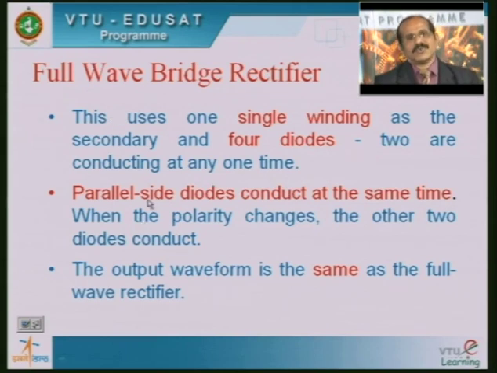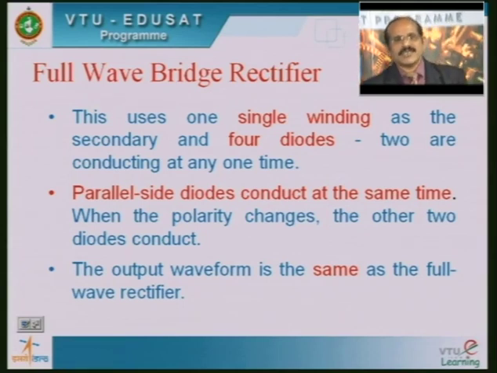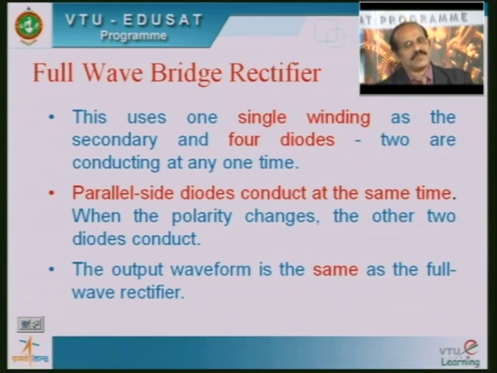You can also note that the parallel side diodes conduct at the same time. As I told you, in this case, diodes D1 and D2 conduct together because they are parallel side diodes. Similarly, during the negative half cycle of the input signal, diodes D3 and D4 conduct together. The output waveform is the same as the full wave rectifier using the center tap configuration.